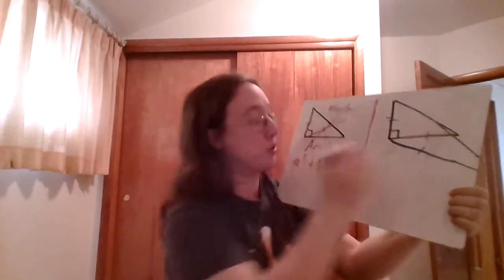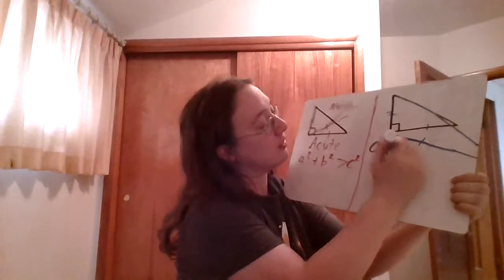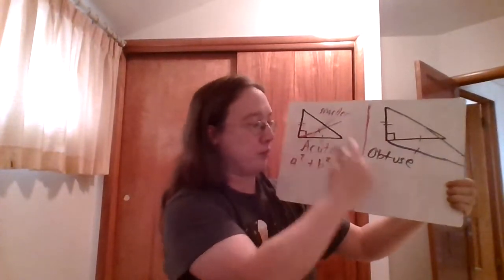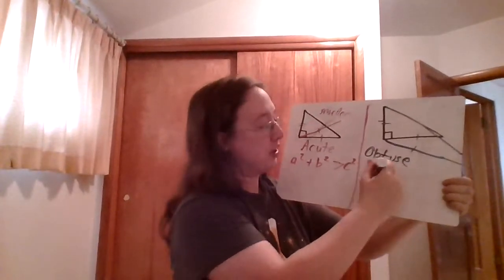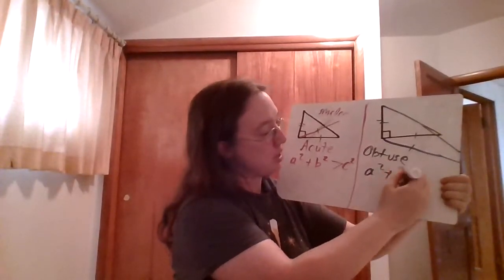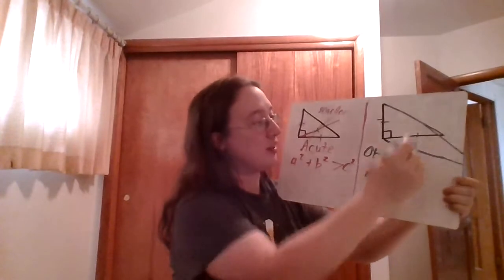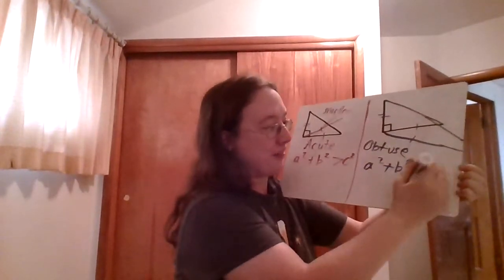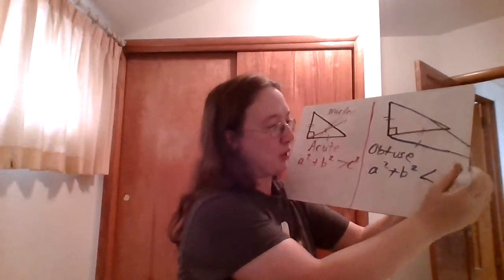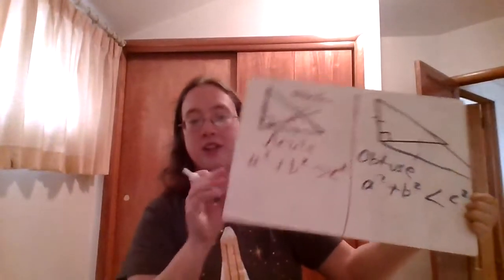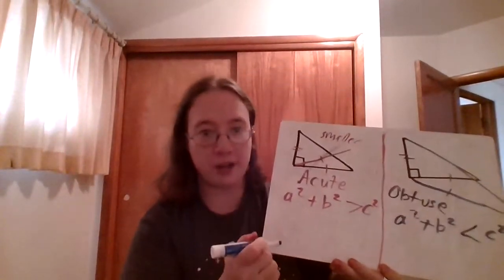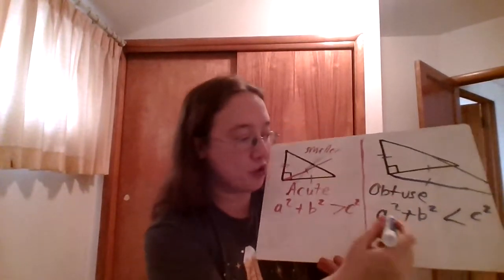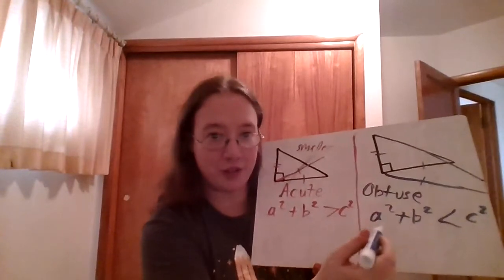So if we make this an obtuse triangle, then instead of a squared plus b squared equals c squared, a squared stayed the same, b squared stayed the same. This side got bigger. So that side, c squared, is going to be bigger than a squared plus b squared. So if it's an acute triangle, a squared plus b squared is bigger than c squared. If it's an obtuse triangle, it's smaller than c squared.